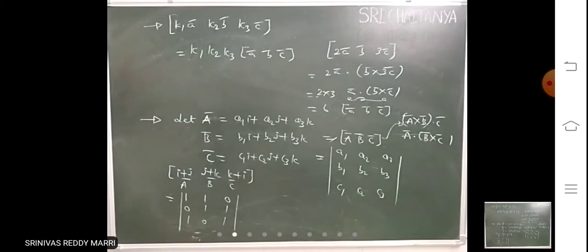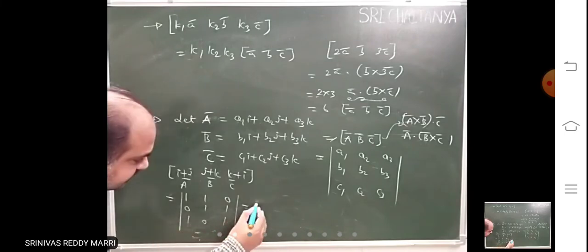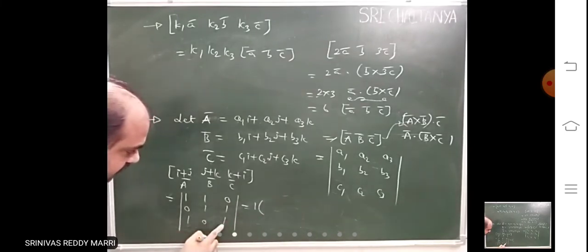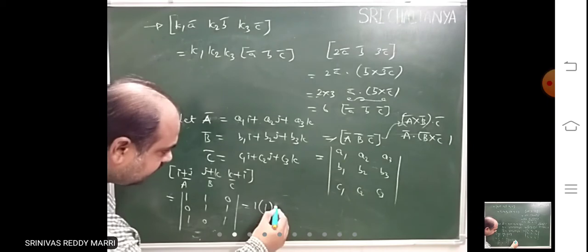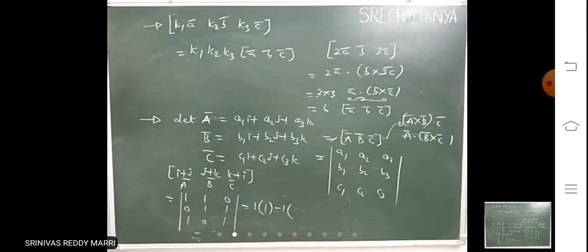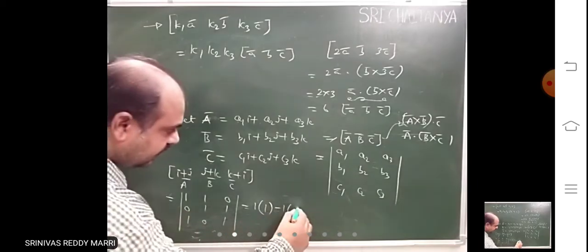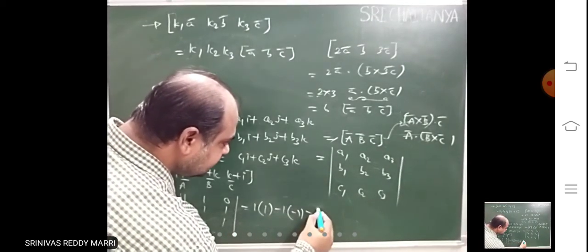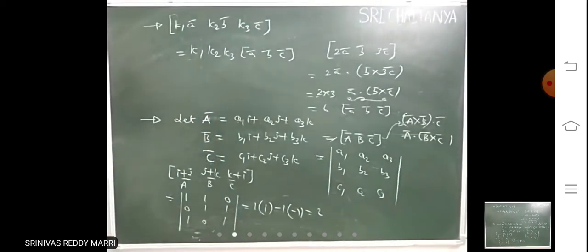The scalar triple product is a scalar. So 1 into (1 minus 0), minus 1 into (0 minus 1), which is nothing but 2.